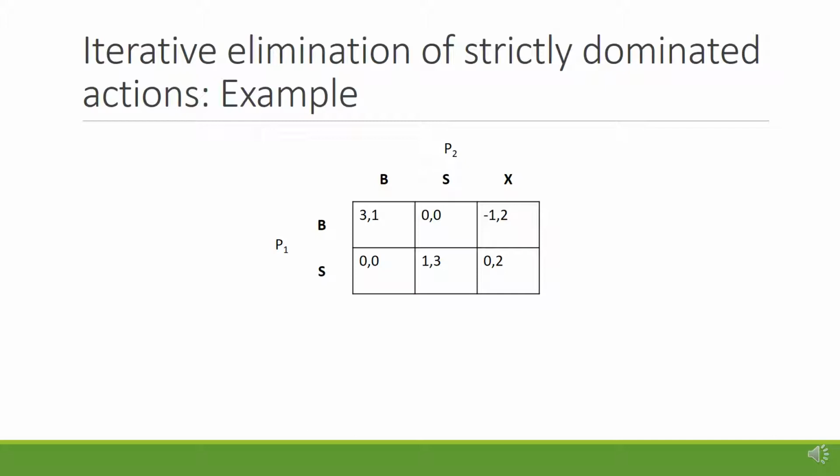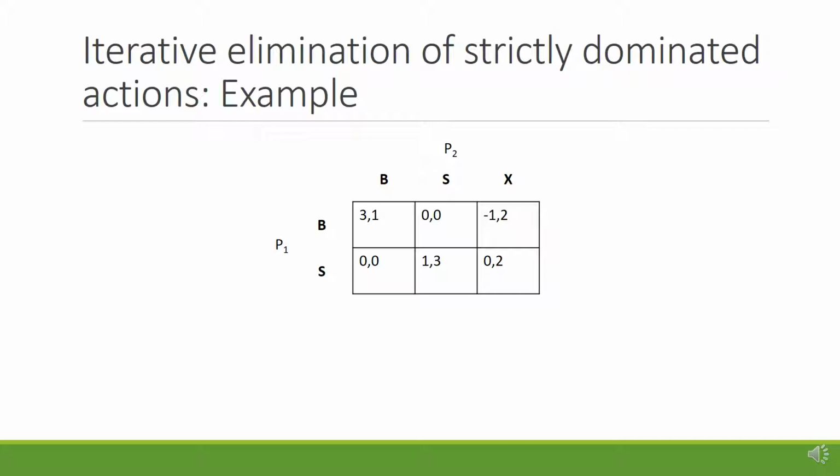From the flowchart that we saw in the previous slide, for the iterative elimination of strictly dominated actions, in each round we look for actions that are never best responses and eliminate them one by one. Or we can also go at the same time, but for simplicity here, let's consider just one strategy per round.